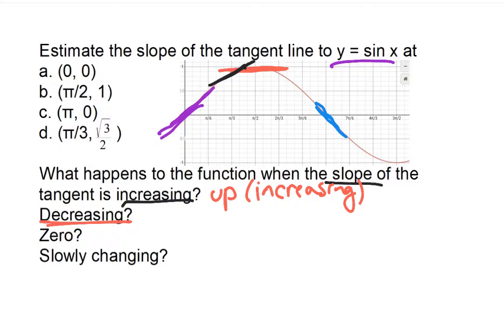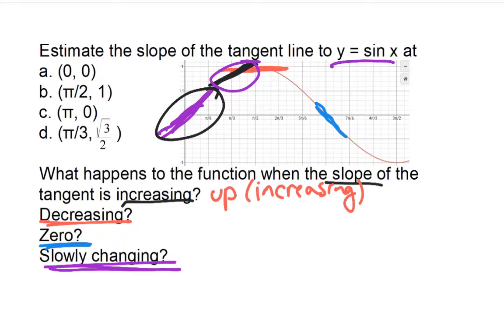When the slope is 0 for that tangent, what do you think is going on? And what about when it's slowly changing? There are different changes here. Notice the purple line that was drawn versus the black line that was drawn. This is a quick change, and then the black line here was a slower change. Think about that. We'll talk more about that tomorrow in class.